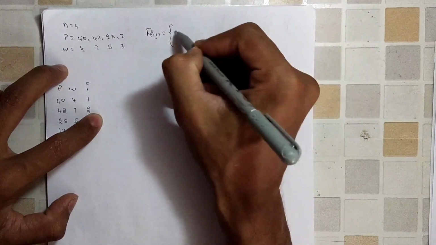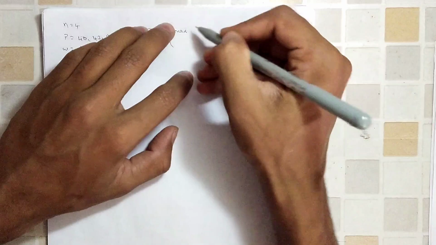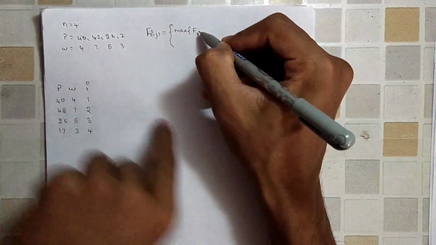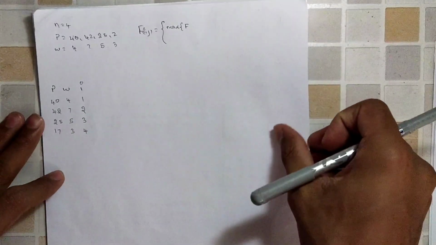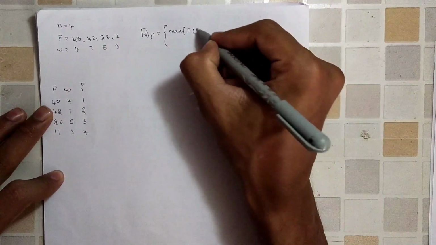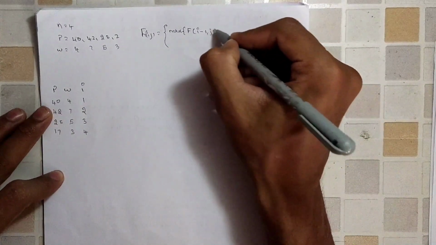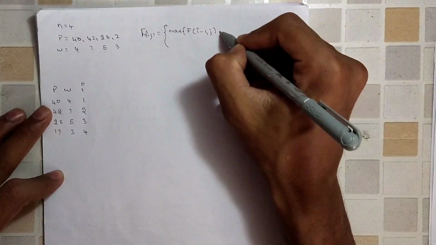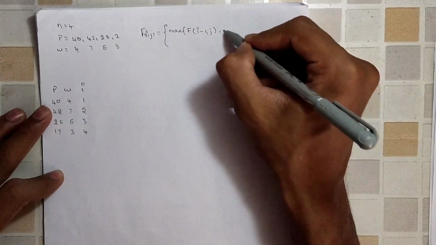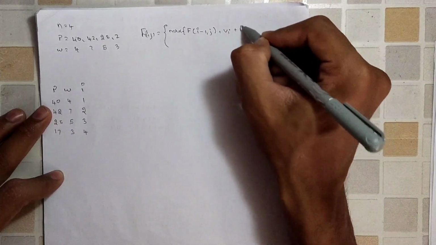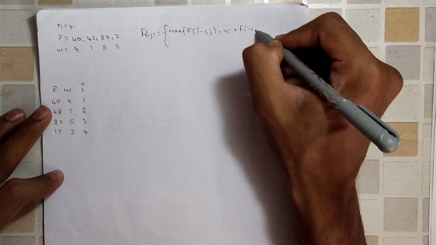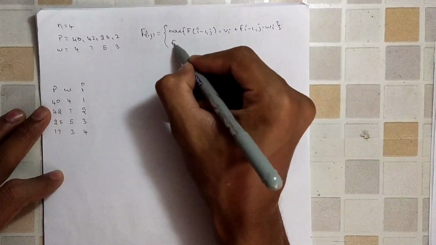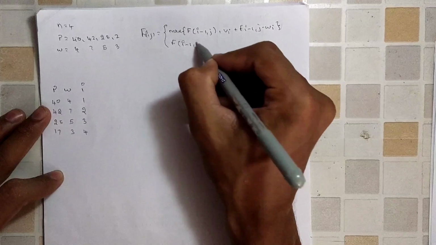We take the max of f of i minus 1 comma j, which is the previous row, comma vi plus f of i minus 1 comma j minus wi. And then the other case is f of i minus 1 comma j.